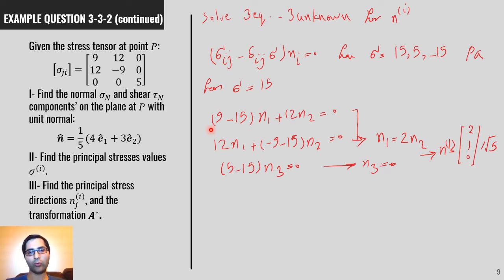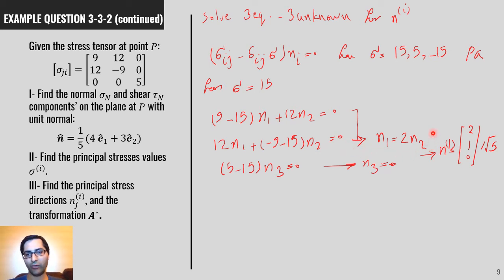For i equal to 1, we get 9 minus 15 multiplied by n1 plus 12 n2 equal to 0. For i equal to 2, we get 12 n1 plus minus 9 minus 15 multiplied by n2 equal to 0.